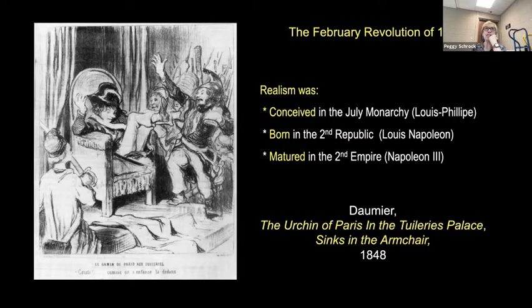Louis Napoleon was a kind of street fighter. He was very different from, I keep saying Louis Philippe, I mean Louis Napoleon, I'm sorry. Louis Napoleon, the emperor, was very different from the king, the previous king. He was a kind of bully, and he had all these people going around supporting him, pushing people around and beating them up and telling them to vote for him.